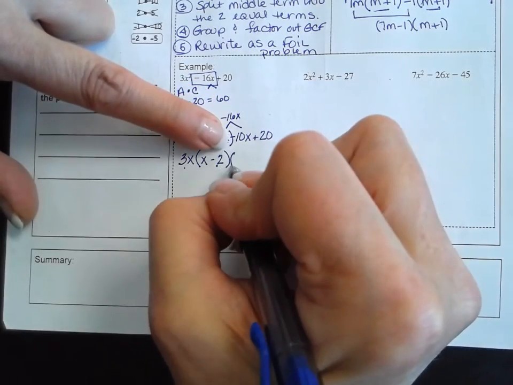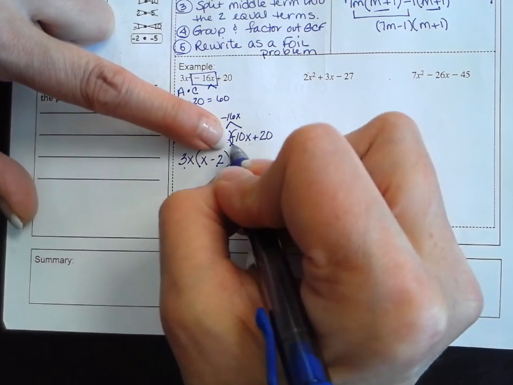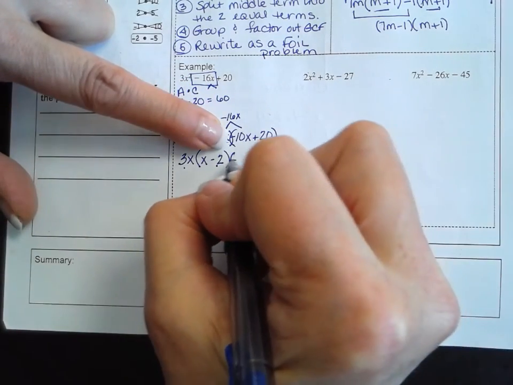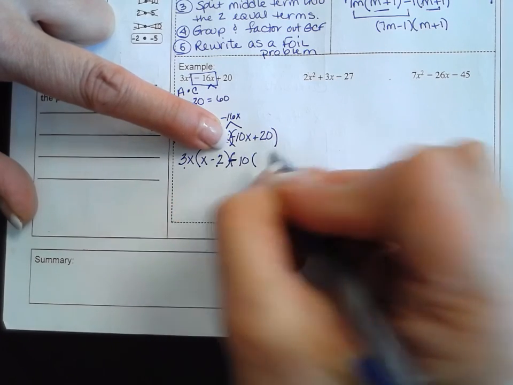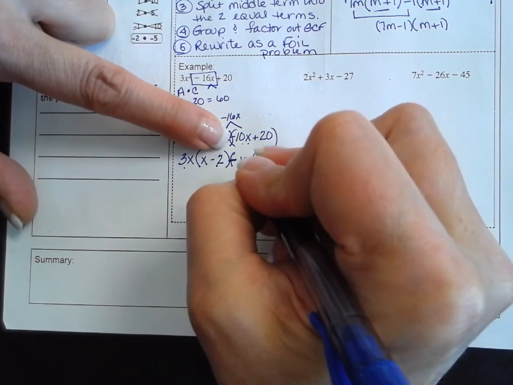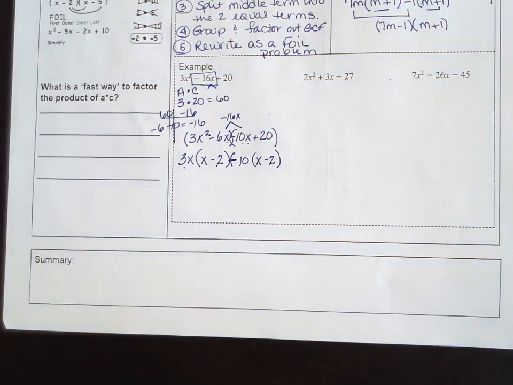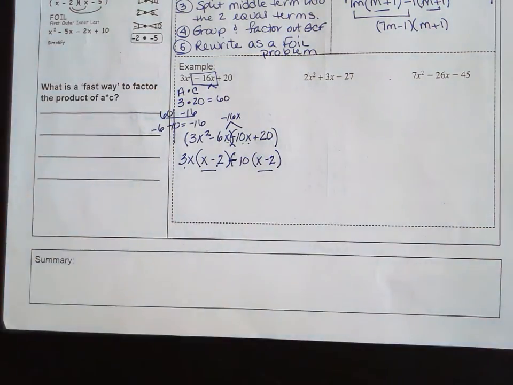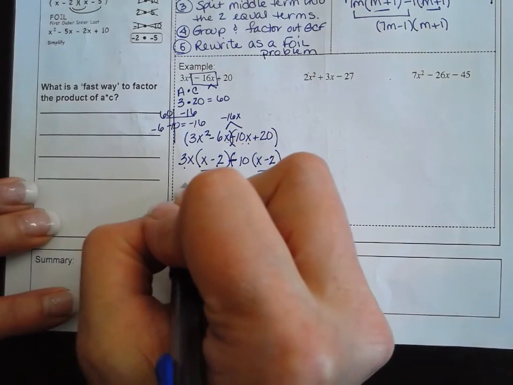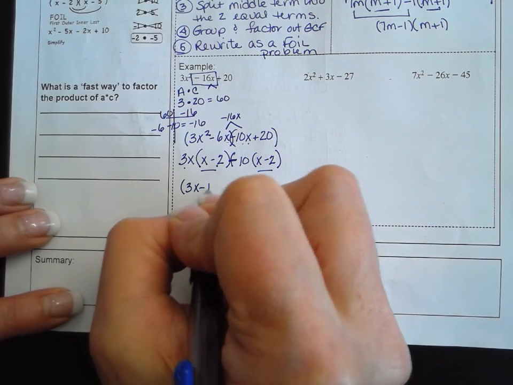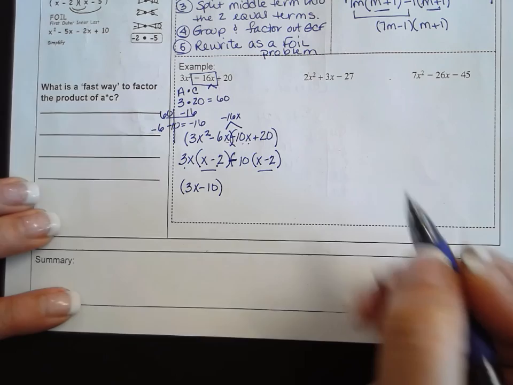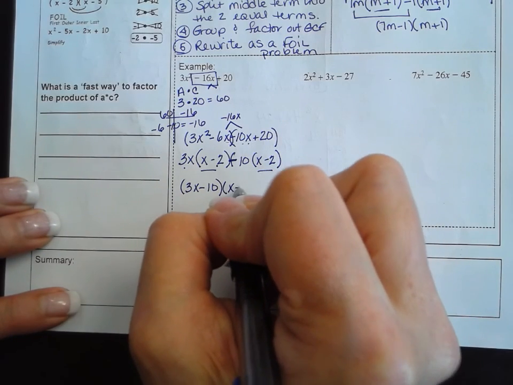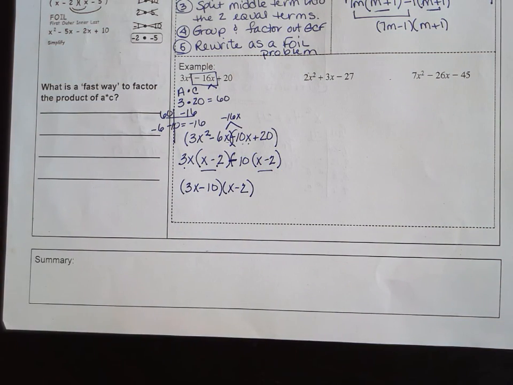All right, what's my greatest common factor in the second one? Negative 10, perfect. Which leaves me with x minus 2, which is exactly what I want. I want this one and that one to be the same, because then I can rewrite it as 3x minus 10 times x minus 2.